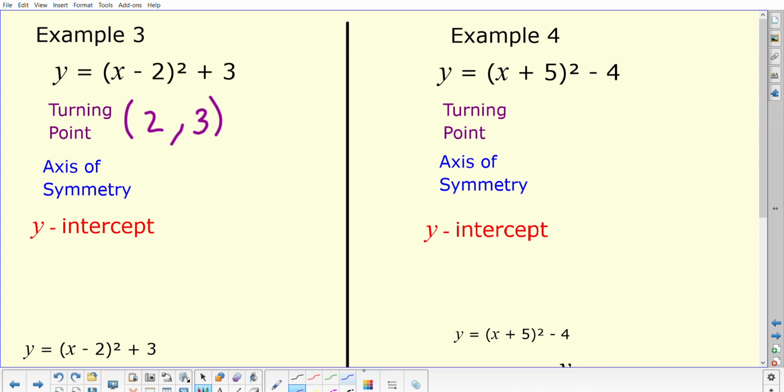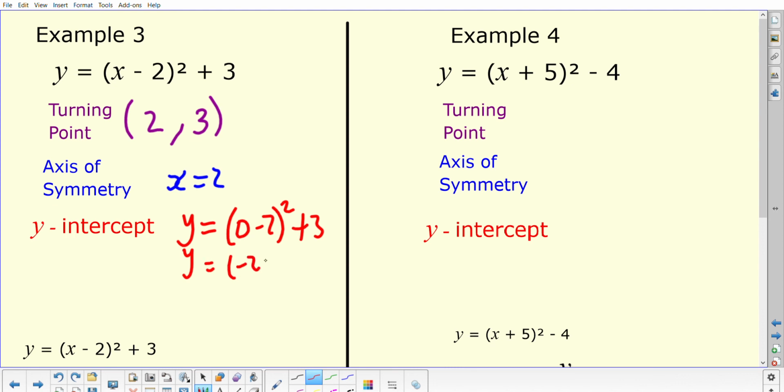Axis of symmetry is x equals 2, and my y-intercept is going to be 0 minus 2 all squared plus 3, so y equals negative 2 squared, add on 3, that's positive 4 plus 3, which gives me 7. So my y-intercept is the point 0, 7.